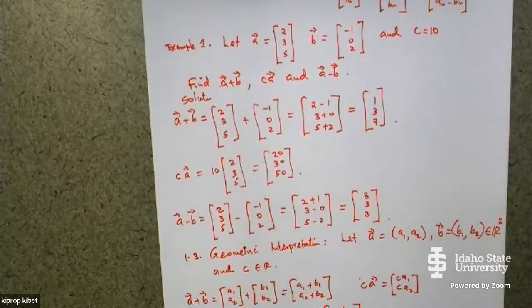Now, how can we interpret this? How can we write this in geometric form?